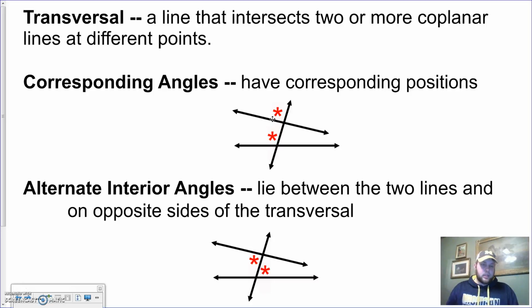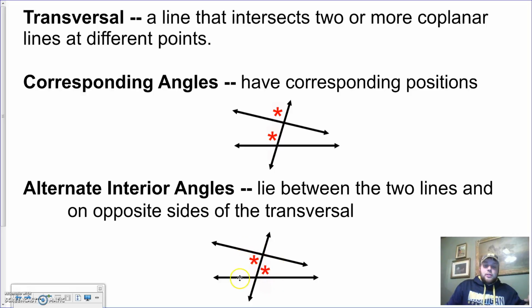Alternating means they're flip-flopping. Okay, alternating. So, alternate interior. Now, if you're an interior decorator, you are somebody who decorates the inside of a house. So, what does it mean by alternate interior angles? Well, they're going to be located on the inside, not on the outside.